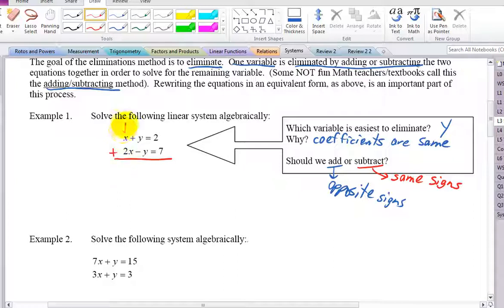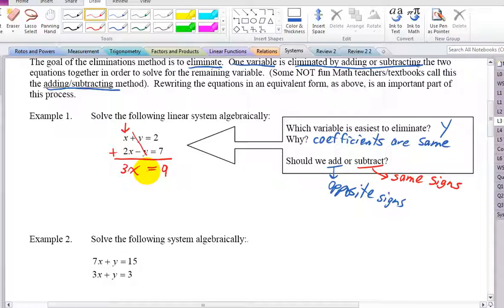And then we work vertically. So we have x plus 2x gives us 3x plus 1y plus negative 1y cancels out. And 2 plus 7 is 9. I wouldn't write the 0. It's kind of a waste of pencil lead. Don't really need it.